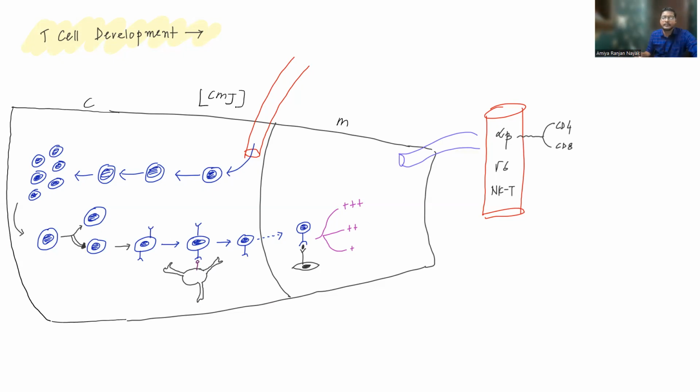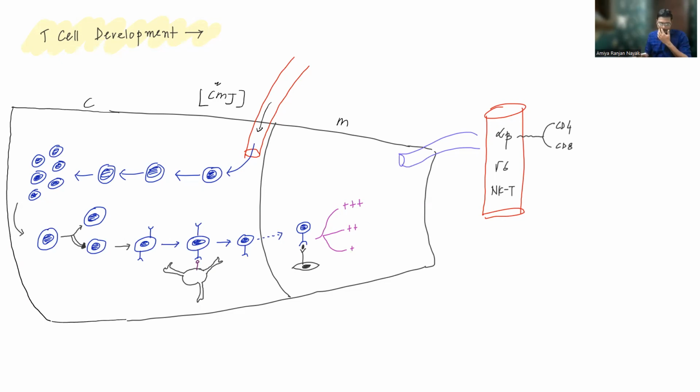So basically, these immature T lymphocytes or the thymocytes will enter the thymus from the circulation at this corticomedullary junction. Okay, and I have told you there are some factors which are produced by the cortical thymic epithelial cells, like the thymopoietin, like the thymic stromal factors, and these factors will help attract these immature T lymphocytes into the thymus.